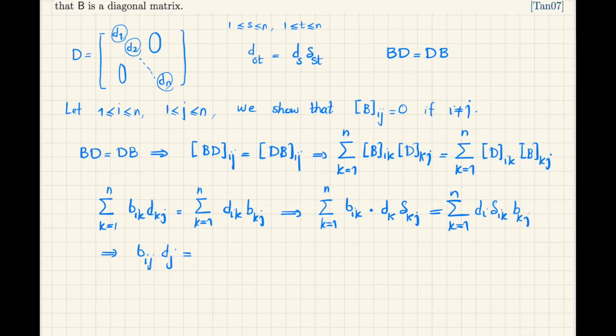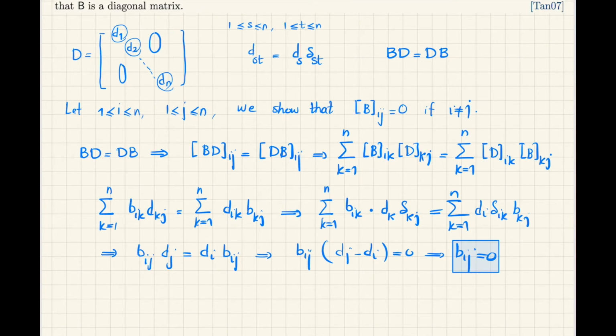So what I have on the right is d_i, and then b_ij. And now I move this to the left hand side and factor b_ij out, so it becomes b_ij times (d_j minus d_i) is equal to 0. So either this one is equal to 0 or that one is equal to 0. But that one is not equal to 0 because I assume that all of these numbers are distinct. So then this implies that b_ij is equal to 0, and that is what I was looking for to prove. Yes?